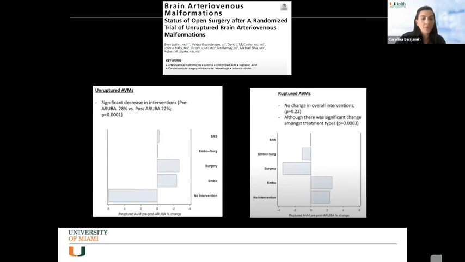So for unruptured AVMs, there has been a significant decrease in interventions post-ARUBA, which is interesting. And for ruptured AVMs, while there was no change in overall interventions, there was a significant increase in endovascular treatment, embolizations for AVMs. So even if ARUBA had limitations, and even though many of these studies came out afterwards, this did have an impact on AVM care.